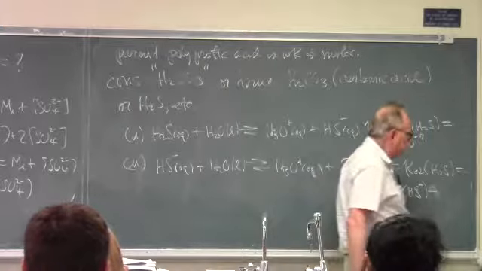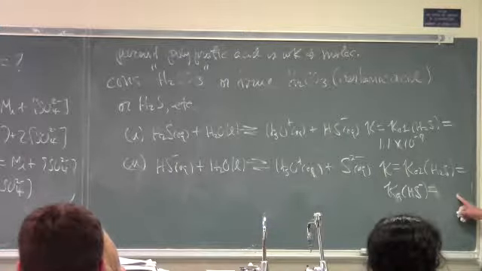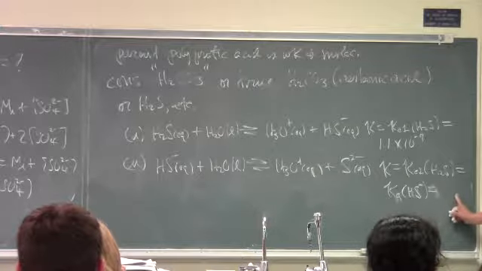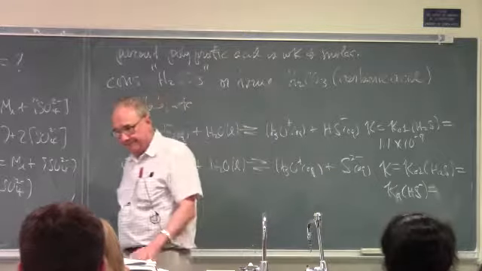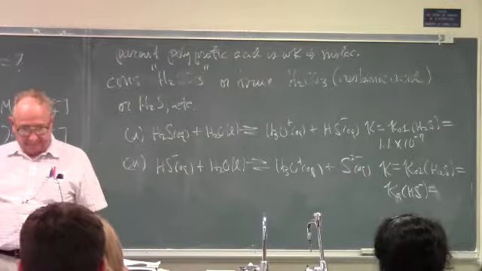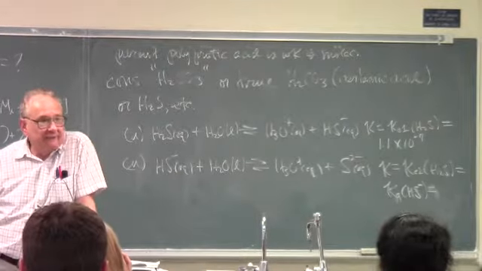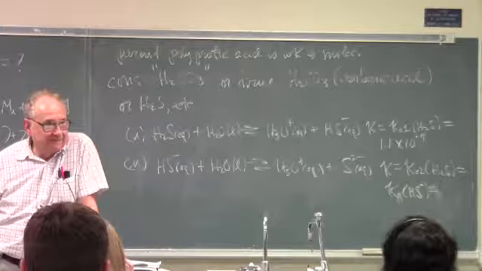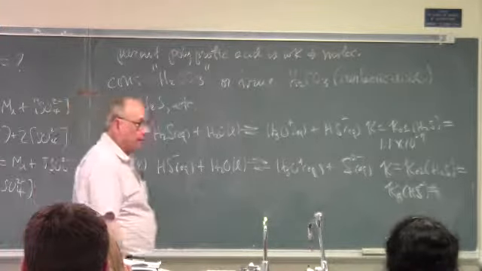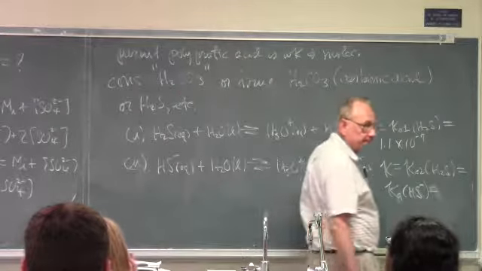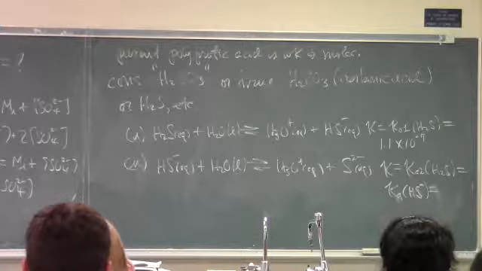I want to know something about the size of this number right here compared to 1.8 times 10 to the minus 16, which is Ka water. Bigger, smaller, same as. I got a strong feeling that we would all vote for not the same as. So let's go to bigger or smaller. I repeat, Ka water is 1.8 times 10 to the minus 16.